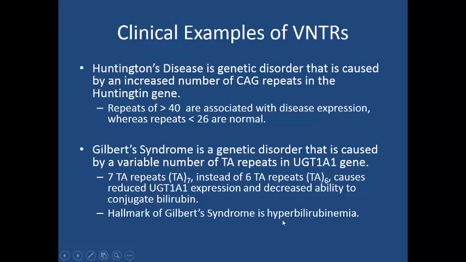So if some of you have gone to the doctor and you got a basic metabolic panel or comprehensive metabolic panel drawn, and your doctor says, you know, your bilirubin's a little high, but don't worry about it, it's probably nothing. It might be just because you carry 7 TA repeats instead of 6, and that you have Gilbert syndrome. And it's actually quite common in the Caucasian population. So that's just 2 clinical examples of VNTRs.